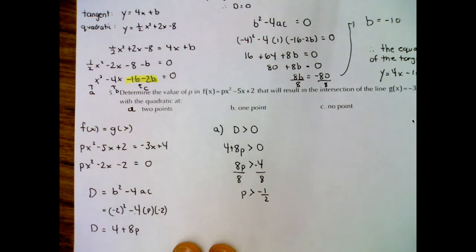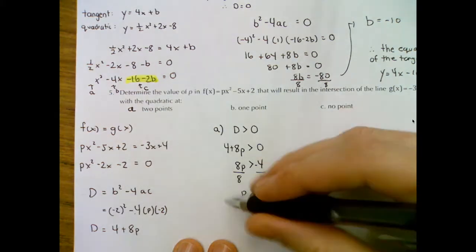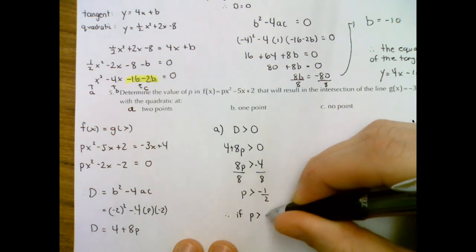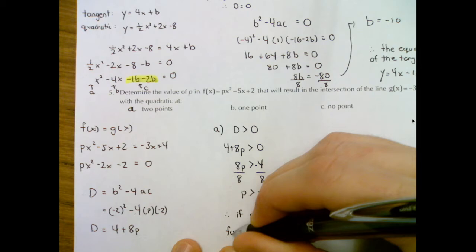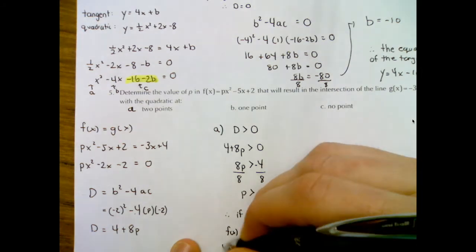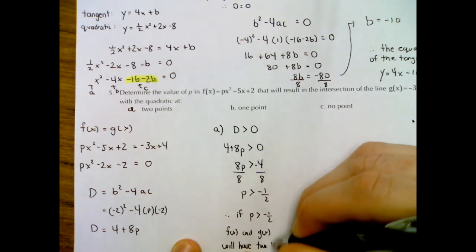So if p is greater than negative 1/2, we have 2 solutions. I'm going to write that as a statement. Therefore, if p is greater than negative 1/2, f of x and g of x will have 2 POIs.